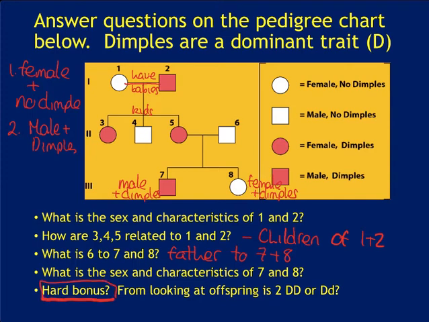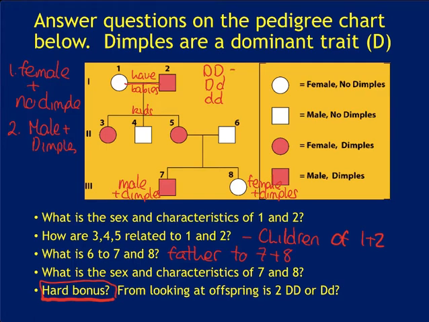So from looking at the children of number 2, could you work out, is 2 big D or is 2 small d? So this is where you have to have a look. So I'm going to write it just up here. So I have 3 possible combinations of letters.